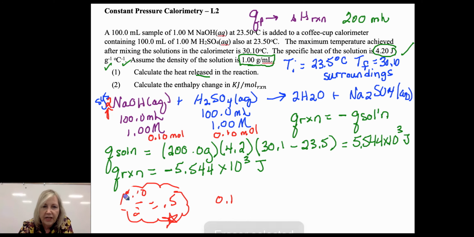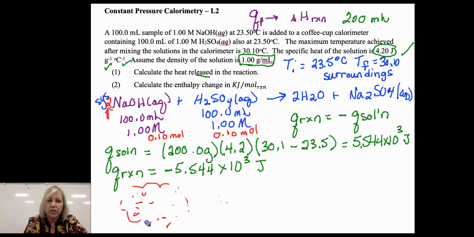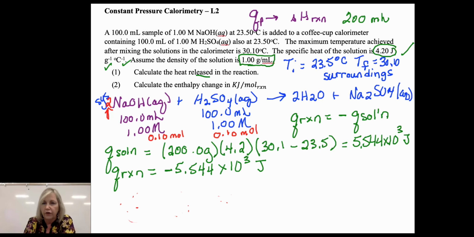So now that I've hopefully proved to you that NaOH is my limiting reagent, let's figure out, and some of you already intuitively know, that we found our moles of reaction, but I want to do that a little bit more explicitly. Okay, so I have 0.10 moles, and really I've got more sig figs than that. I'll deal with that at the end.